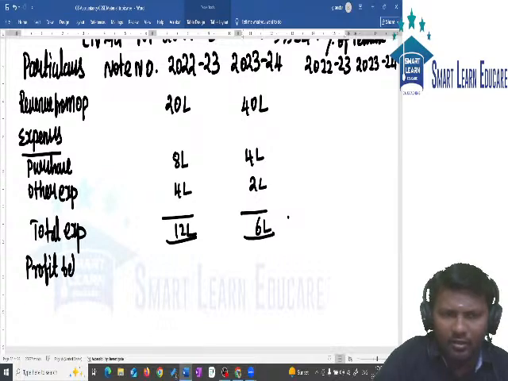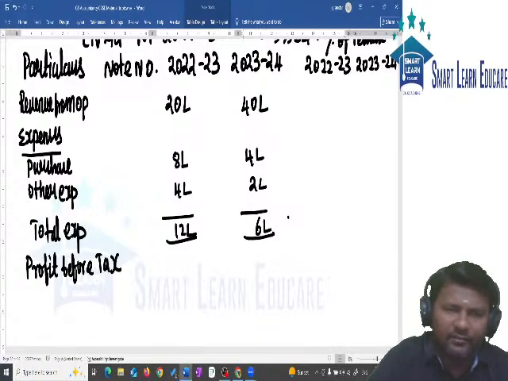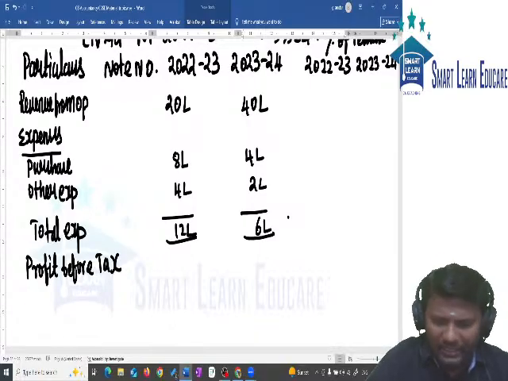Next, profit before tax. Income is 20 lakh. Revenue from operation is 20 lakh. Total expense is 12 lakh.